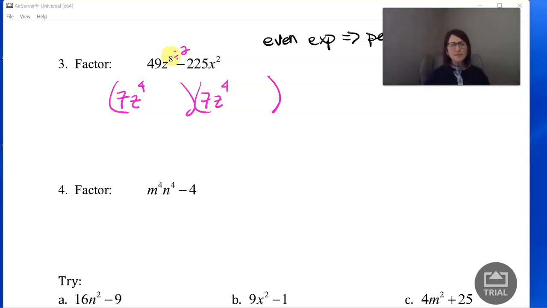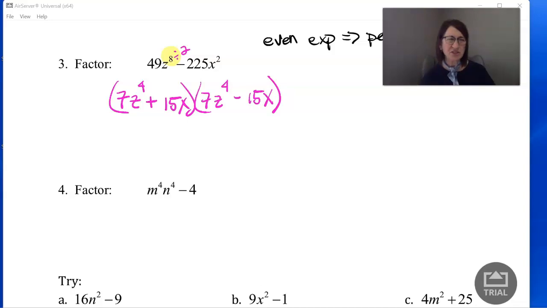Now let's take 225x squared. You might not know off the top of your head the square root of 225, and you can use your calculator under the math function to find it. It is going to be 15. So that's going to be 15x, 15x. One is plus, one is minus.